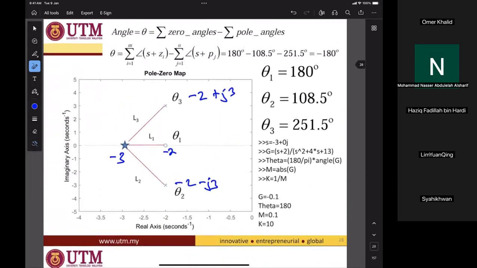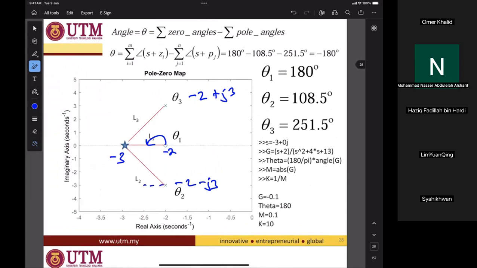So we measure the angles theta 1, theta 2, and theta 3. If you look here, this is theta 1, 180 degrees positive because of the zero.